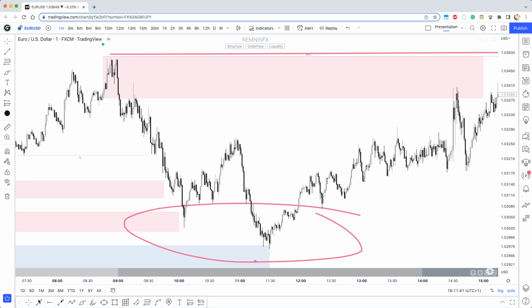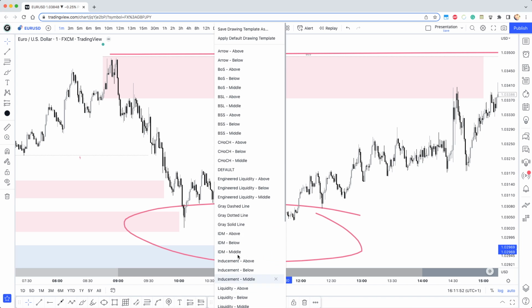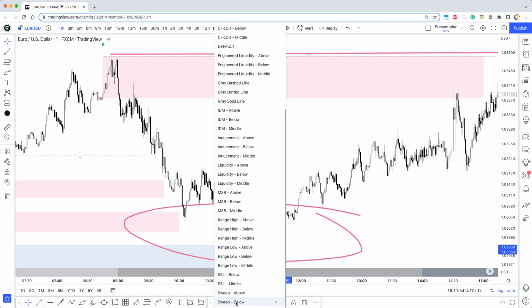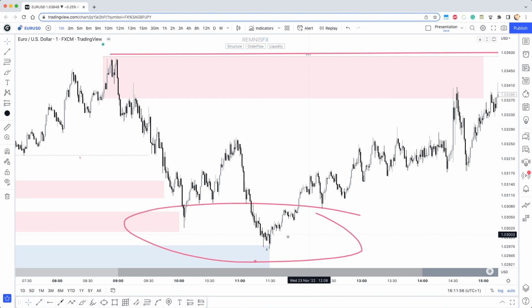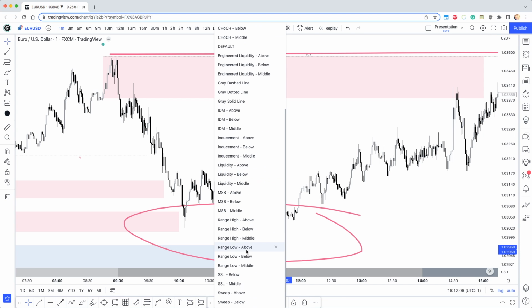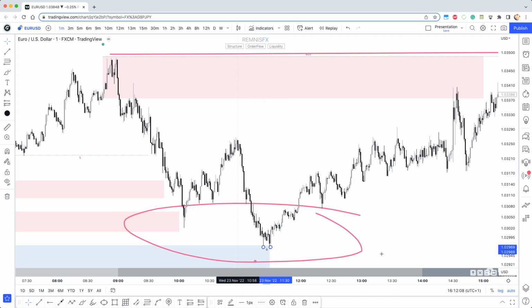Because here the candle that kissed or tapped or mitigated got swept. It was already like a candle wick, right? But that wick got swept. Like this is basically your sell side liquidity taken out, right? So you can also name it like that, SSL.